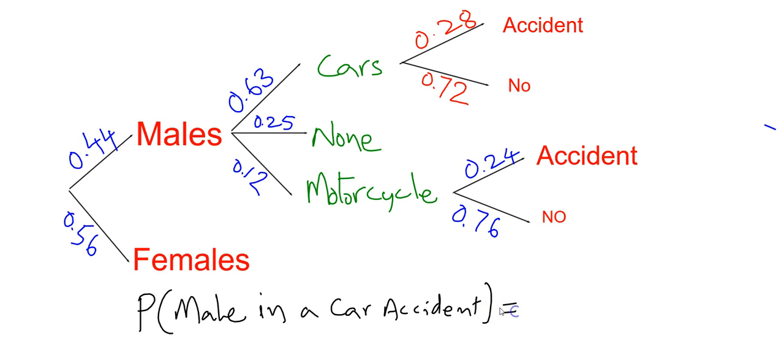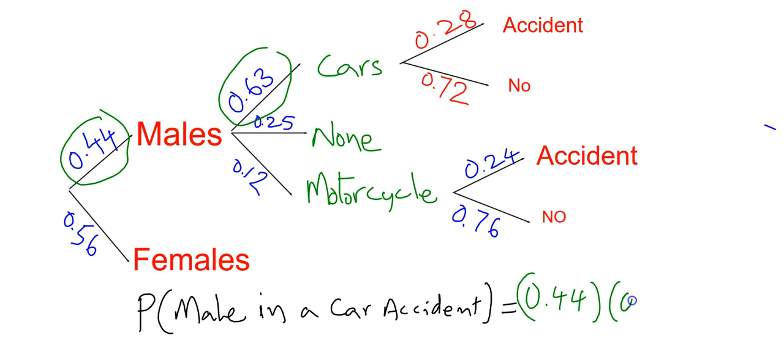It is equal to the probability of finding a male, which is 0.44, finding a car owner is 0.63, so that times 0.63 times 0.28.